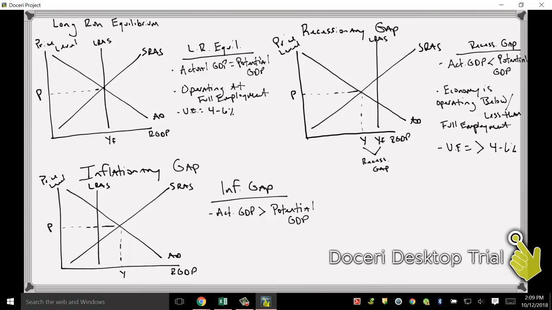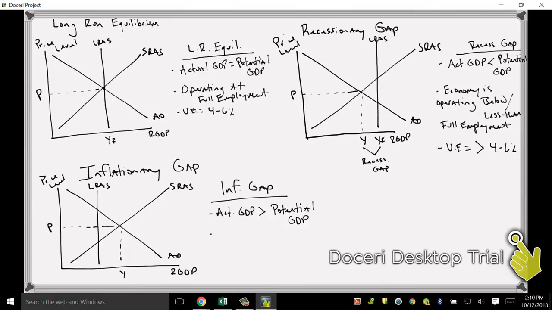We are actually producing beyond what we are capable of producing. And this can only happen for a short period of time. And I think a good way to illustrate this is that we are using our resources at a rate that is not sustainable. We're using our resources too fast during this inflationary gap. But we can do that for a short period of time.